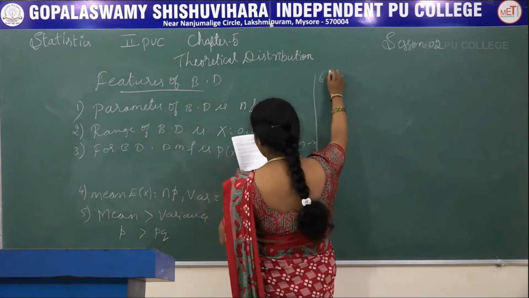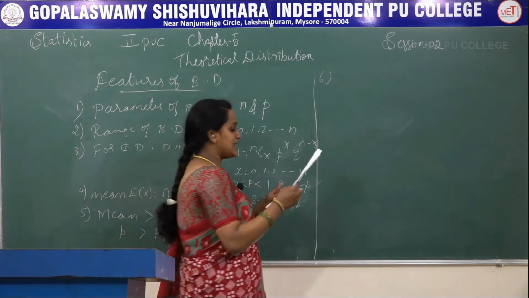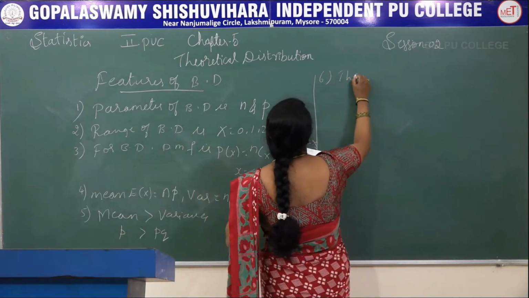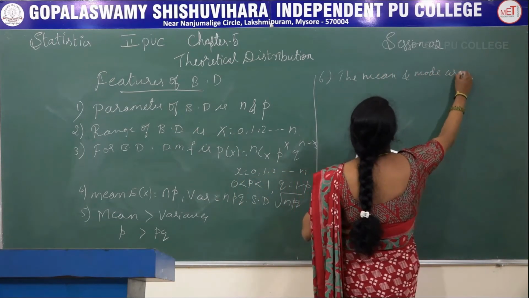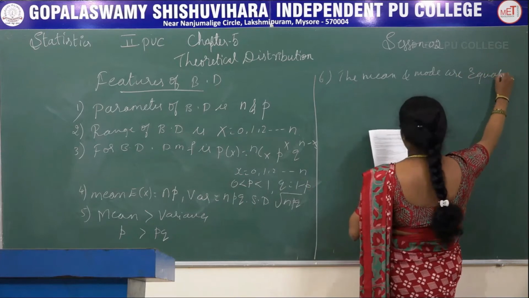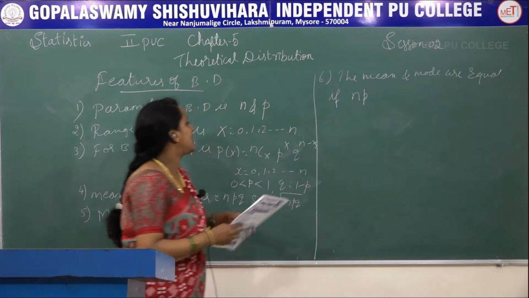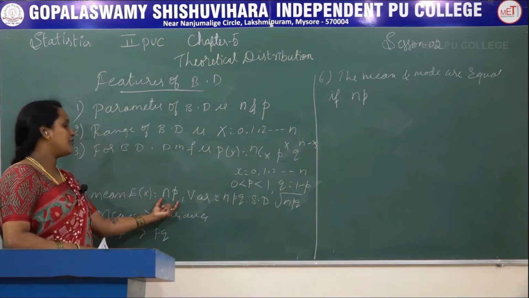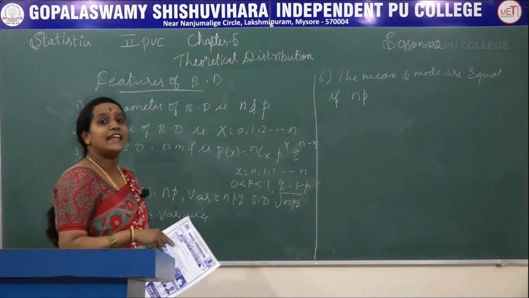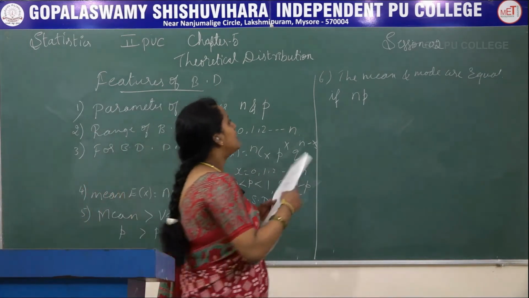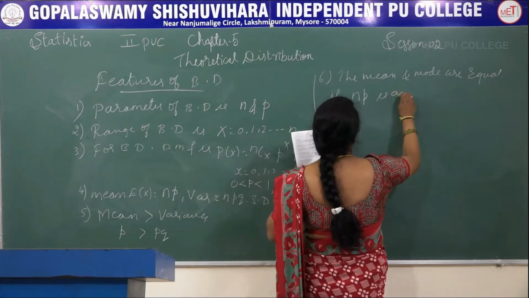And the sixth one: the mean and mode are equal if np is an integer. If I take the product np, the product of n and p, if it is an integer, then our mean and mode are both the same.